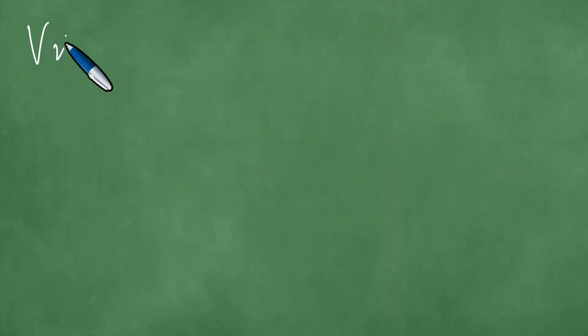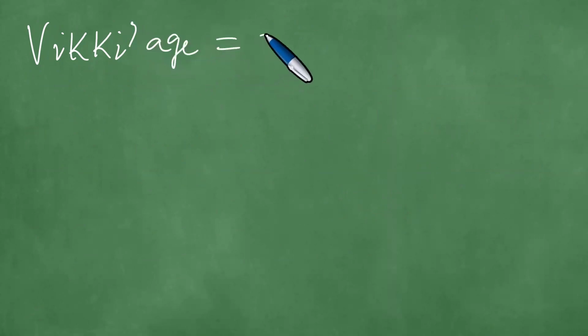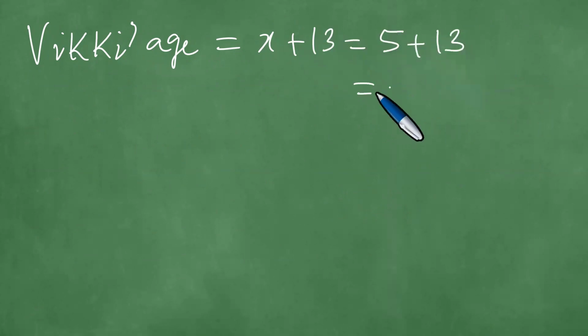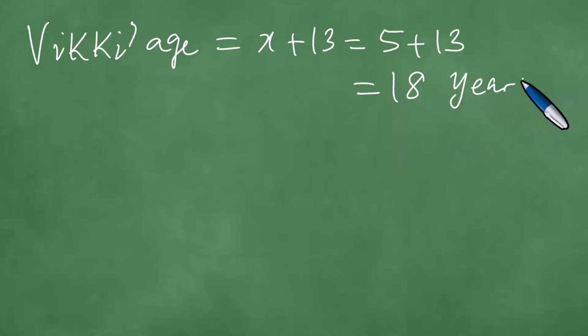Vikki's age is going to be x plus 13, and x is 5, so 5 plus 13 is 18 years. So this is Vikki's age.